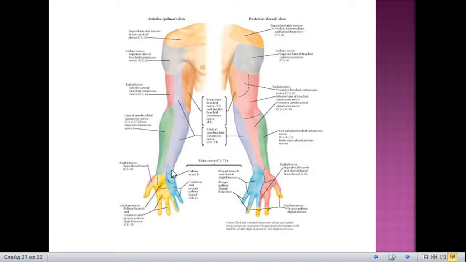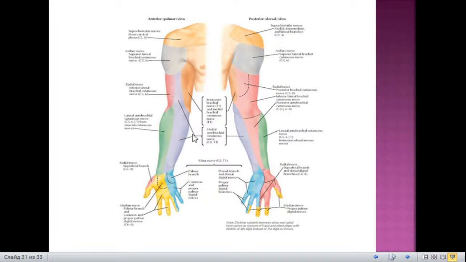In the forearm, skin is supplied by three nerves. The lateral cutaneous nerve of the forearm, which is a branch of the musculocutaneous nerve from the lateral cord of the brachial plexus.